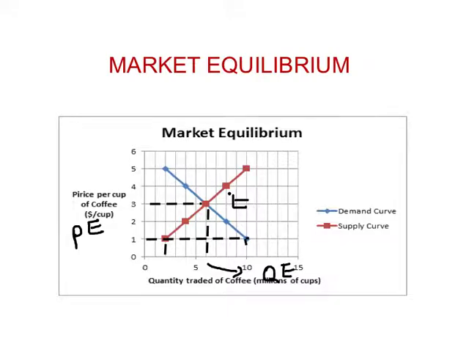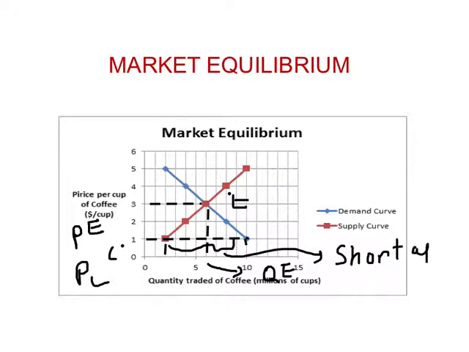And so here demand exceeds supply, and this price is lower, let's call it PL, lower than equilibrium. And when the price is lower than equilibrium, we have a shortage. And what is the extent of shortage? It is 8 million cups of coffee.